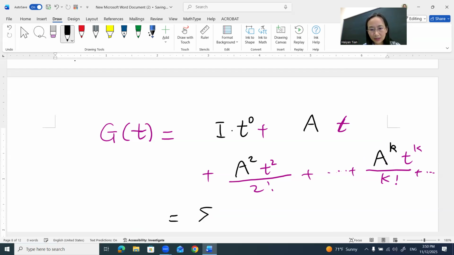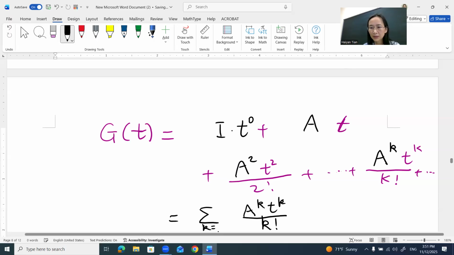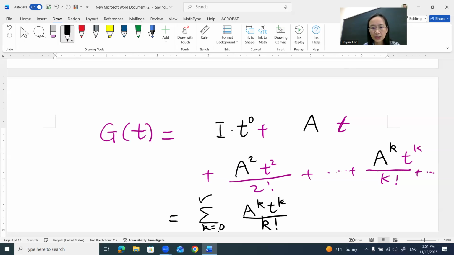A typical term is just A to the K-th power times T to the K over K factorial, with K from 0 to infinity.